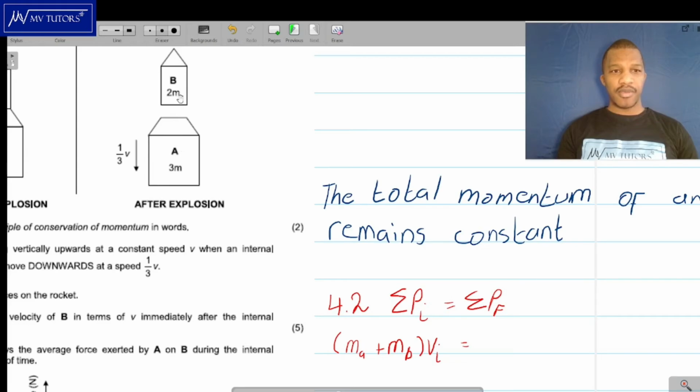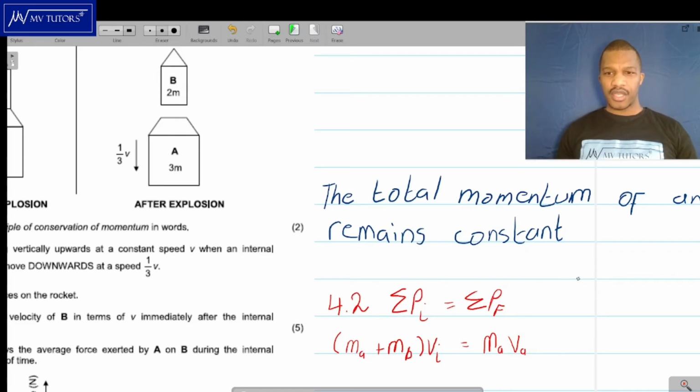Now what's happening in this second picture right here is that they are now separate, as you can see. So now we are also going to separate them. We're going to say mass A has its own velocity, which we'll call velocity A. Because now we need to choose a direction that's going to be positive.